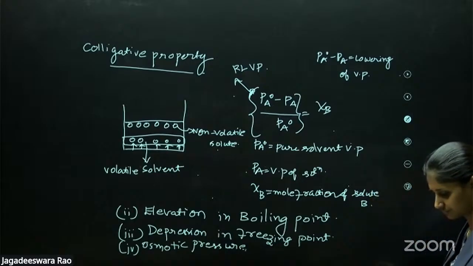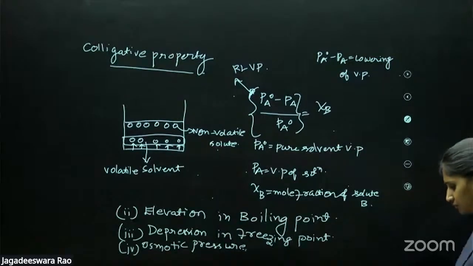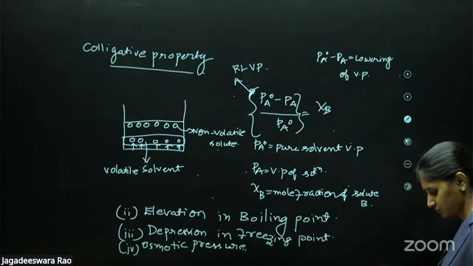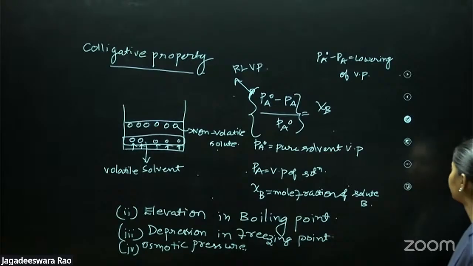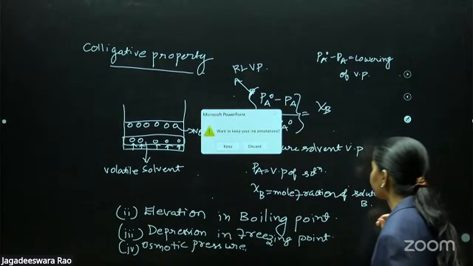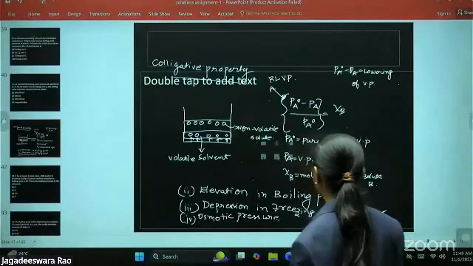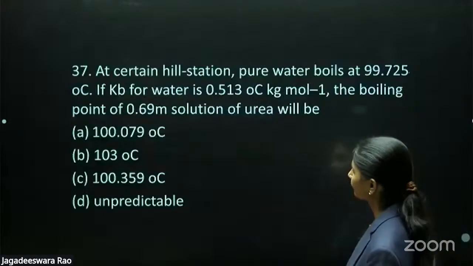If they don't give PA naught, then you can assume that as 100. Clear? That's what I mentioned.